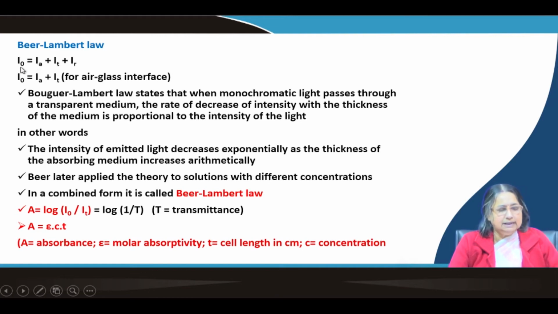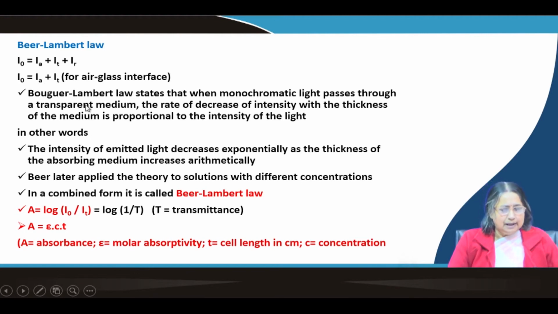If I0 is the initial intensity, then absorption of light can happen, transmission of light can happen, and reflection can happen. But if you think about a very good air-glass interface, then you can neglect reflection, because it is below 5%. So, I0 is basically the combination of I absorbed and I transmitted.